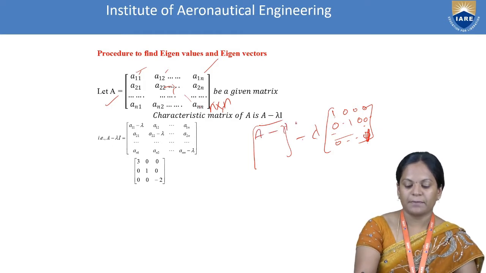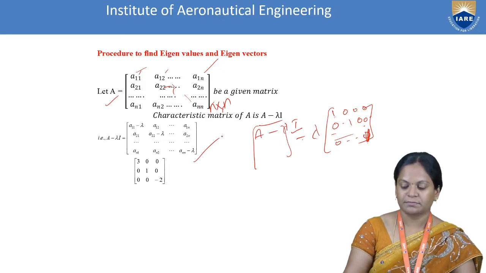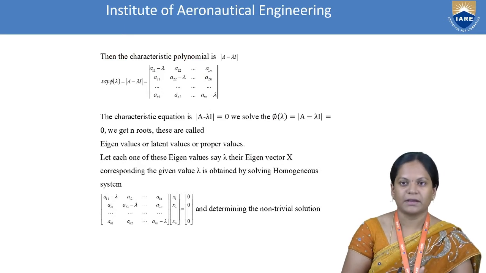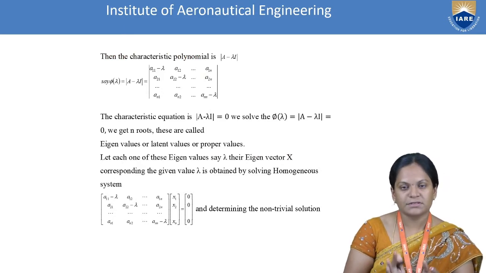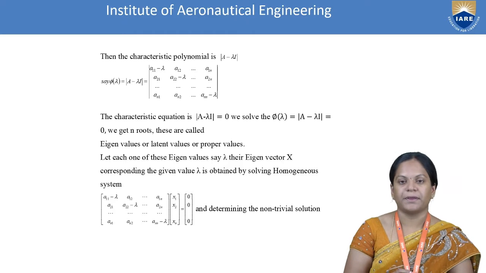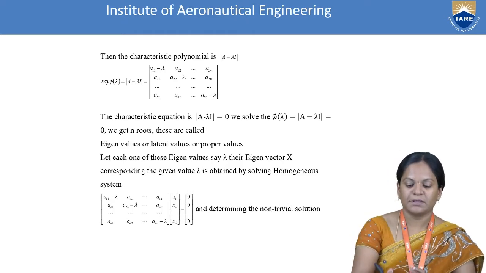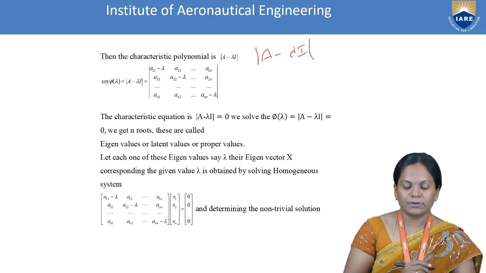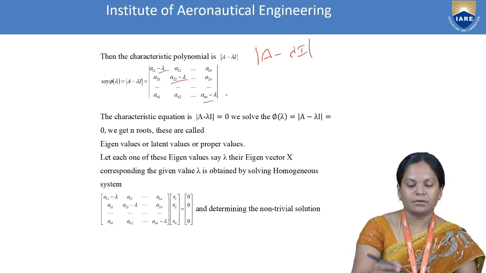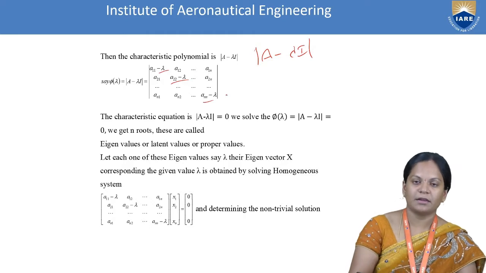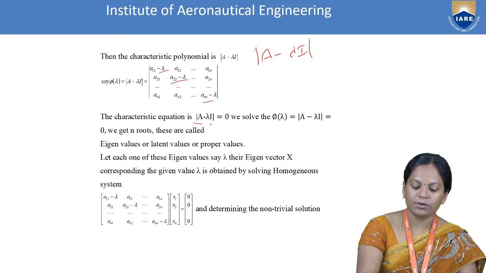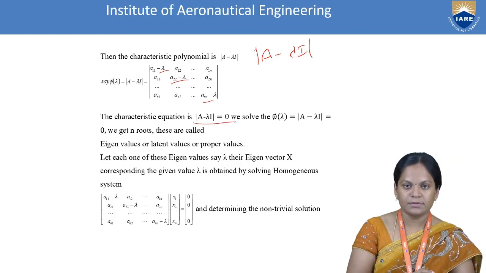A minus lambda I is the characteristic matrix. The characteristic polynomial is the determinant of A minus lambda I, and the characteristic equation is the determinant of A minus lambda I equal to 0.